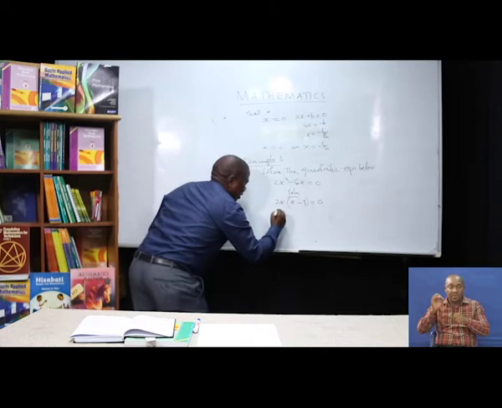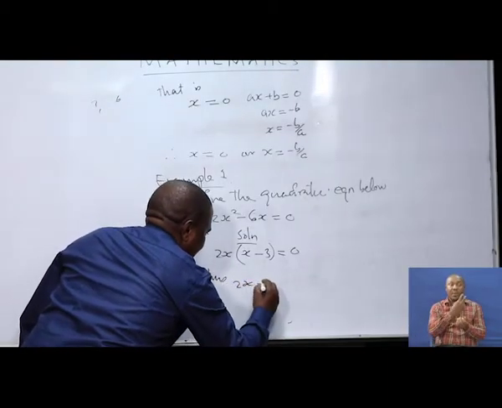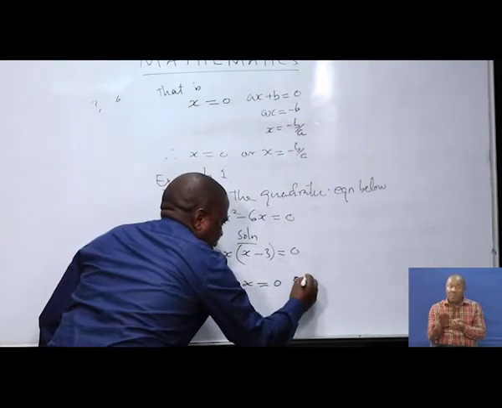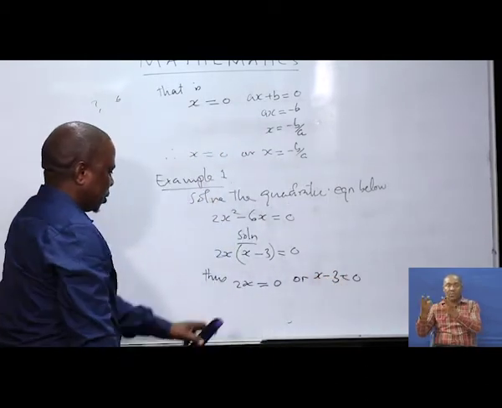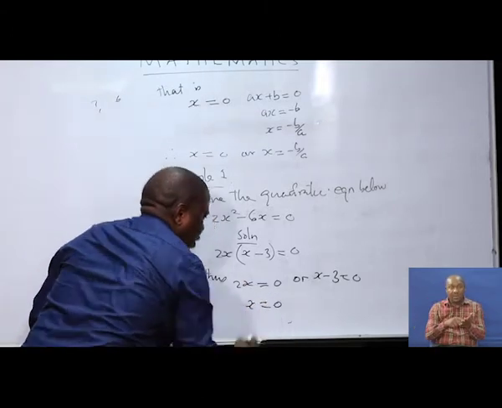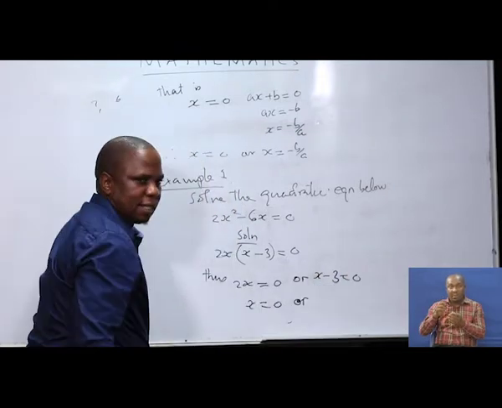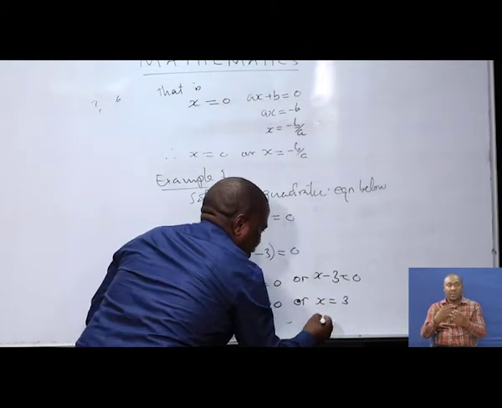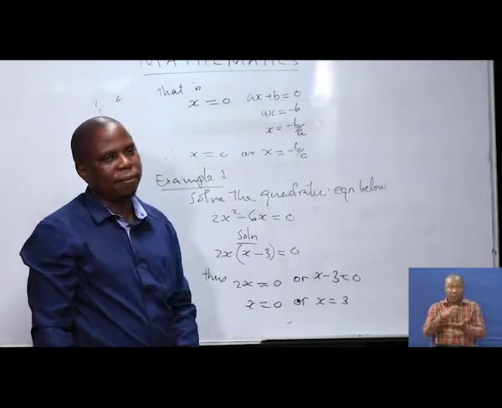So either 2x should be equal to 0, or x minus 3 is equal to 0. Upon dividing by 2 here, you will have x is equal to 0, or if you take 3 to the other side, its sign will change, so x is equal to 3. These are the two values which satisfy this quadratic equation here.